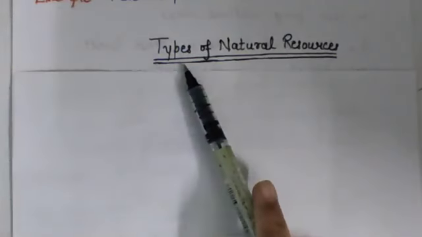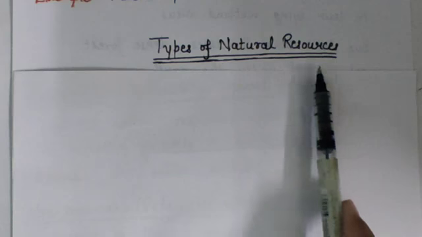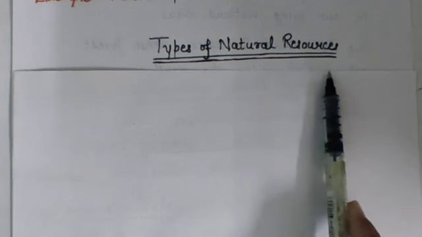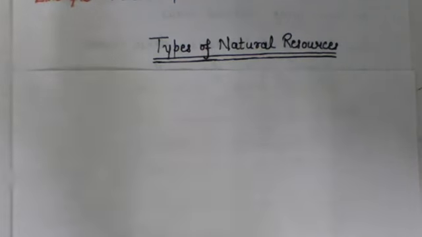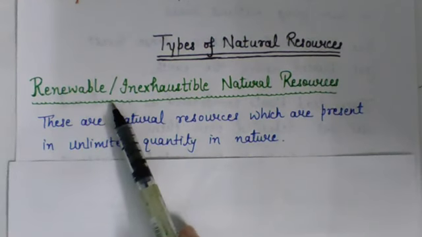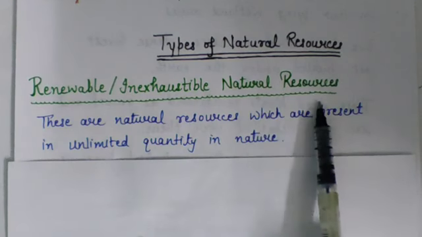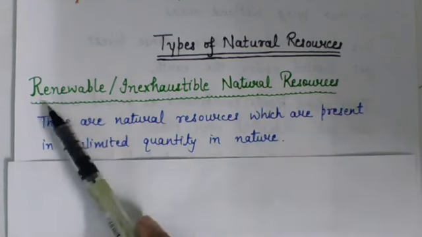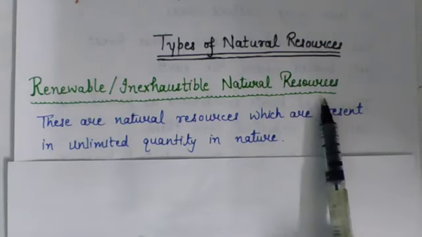Next is types of natural resources. Natural resources can be grouped into two categories depending on their availability. First is renewable or inexhaustible natural resources. Now, what are renewable or inexhaustible natural resources?